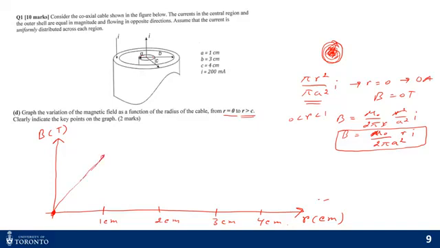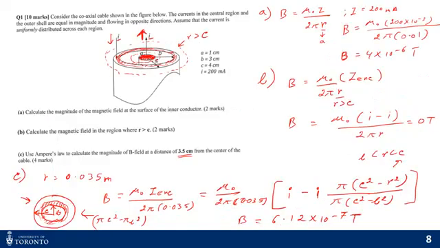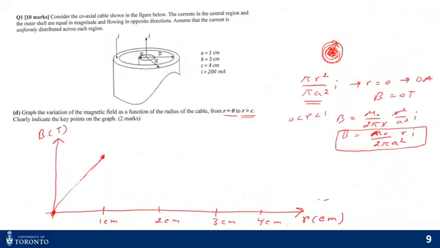At 1 centimeter, which is at the point a, we found our magnetic field value, which is 4 microtesla. So this should be my 4 microtesla.